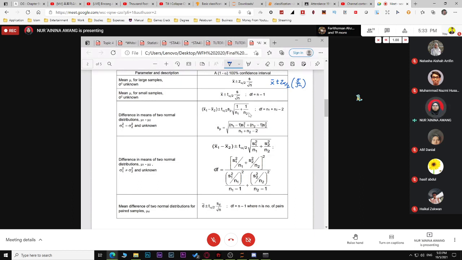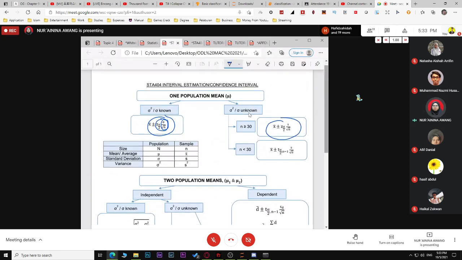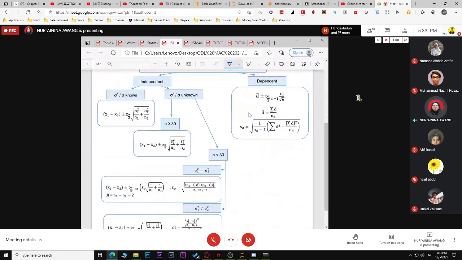And then kalau untuk two population pula, dia hanya bagi untuk small sample sahaja. Okay, maksudnya dia hanya bagi T sahaja. So you kena tahulah kalau macam large, okay, dia punya formulanya adalah this one. Okay, yang ini. Ni kalau known, yang ni kalau unknown. Okay, tapi untuk quiz esok you can refer this formula juga, tak ada masalah.